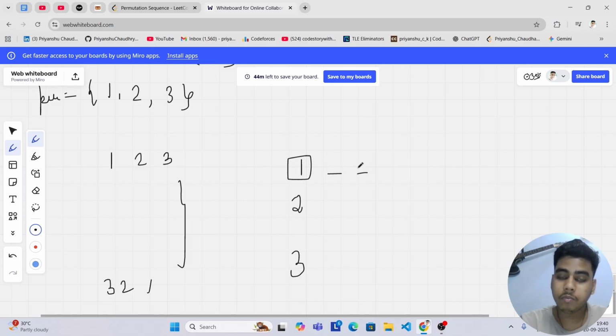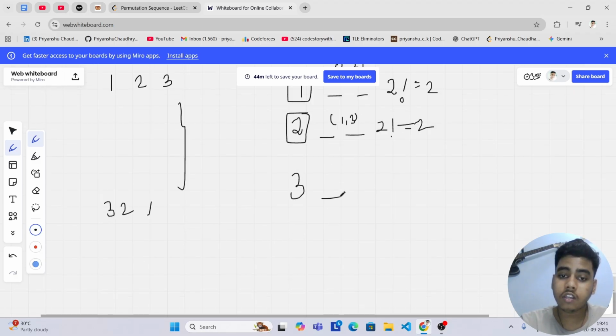Now we are left with 2 places, and here we fill either 2 or 3. The total number of possible permutations is 2 factorial, so this will be 2. Permutations starting from 2 can have either 1 or 3 next, again 2 factorial, that is 2.